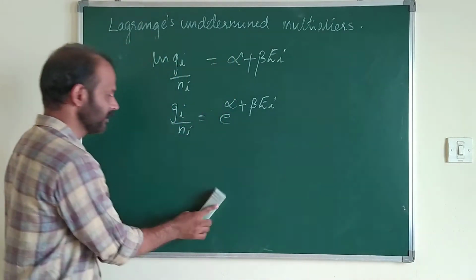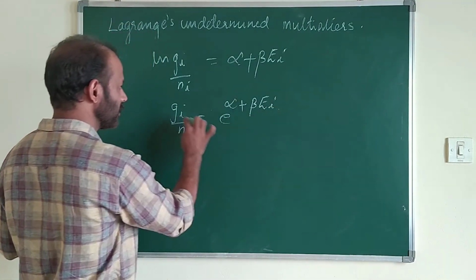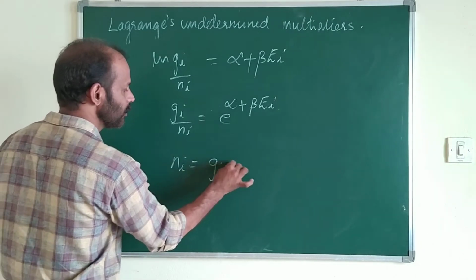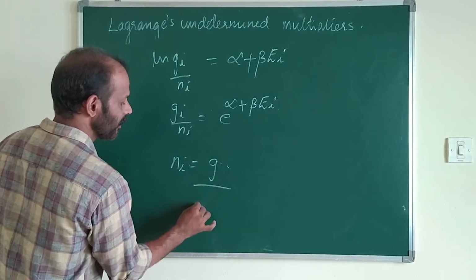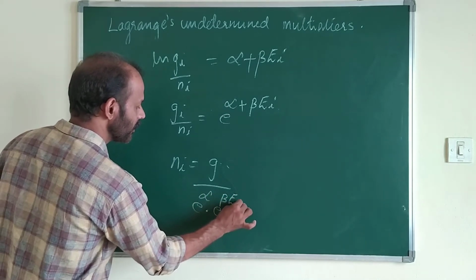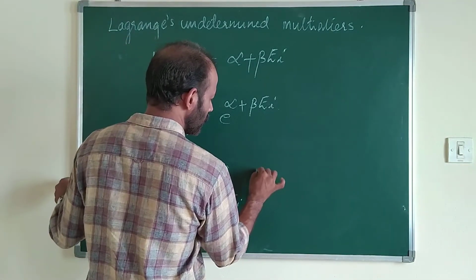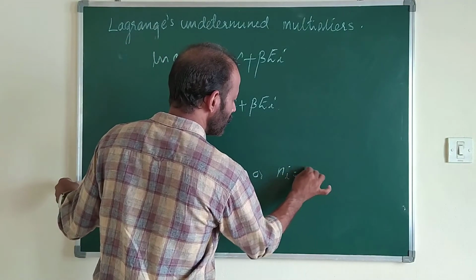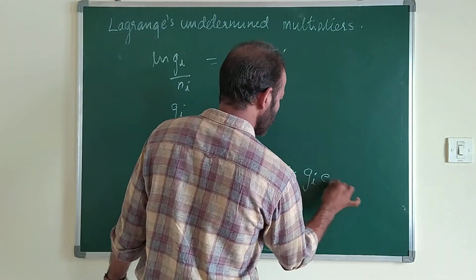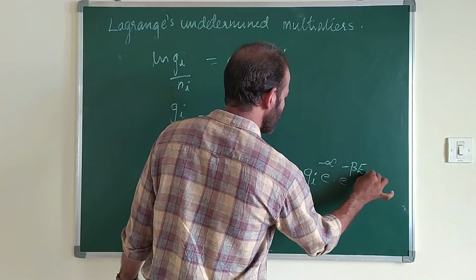And Ni, that is the distribution of Ni particles in Ei energy levels with degeneracy Gi, is equal to Gi divided by e raised to alpha into e raised to beta Ei, or Ni is equal to Gi into e raised to minus alpha into e raised to minus beta Ei.